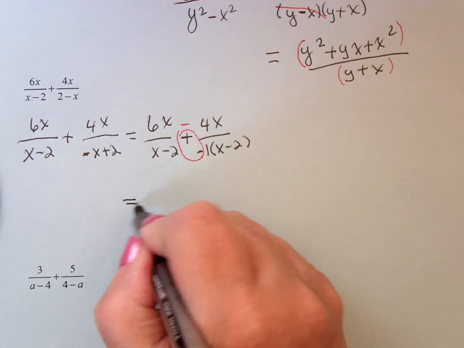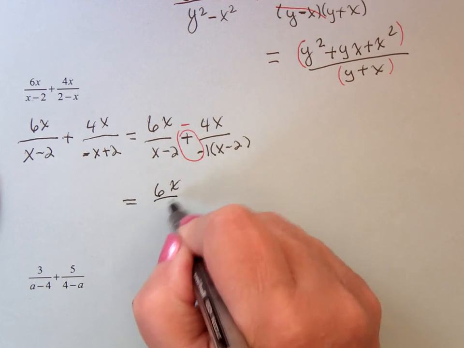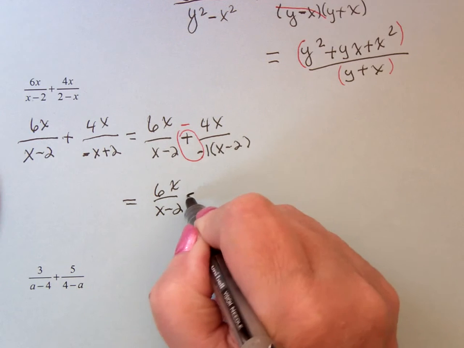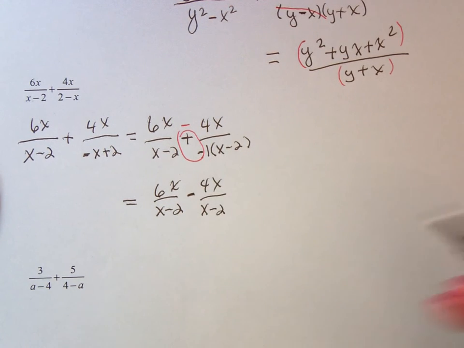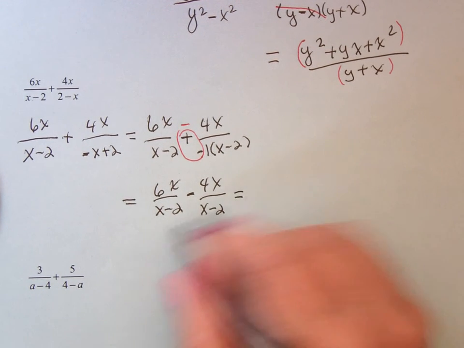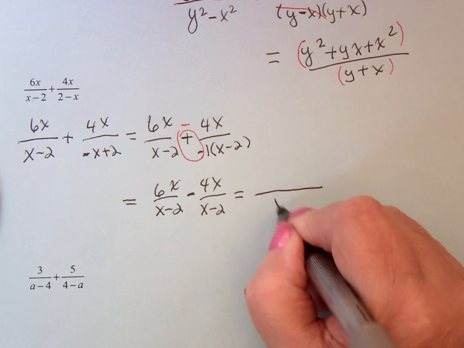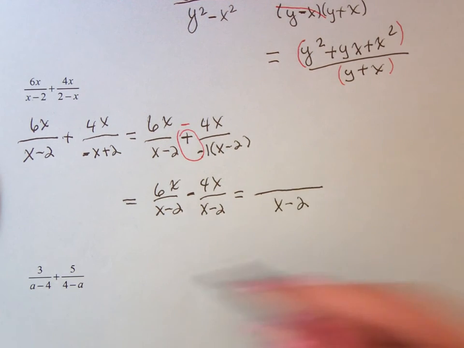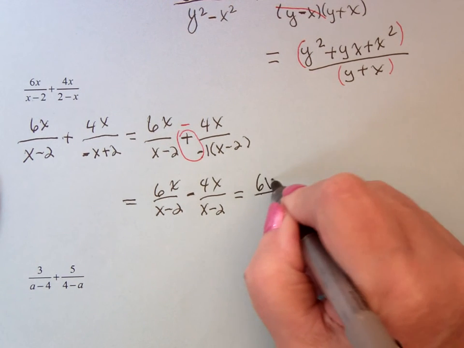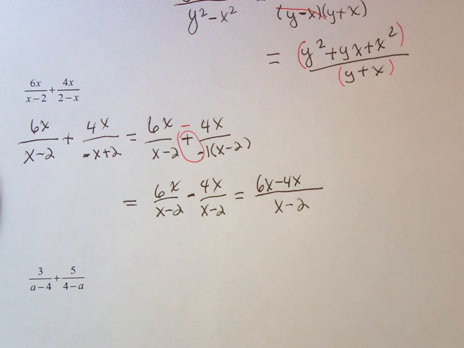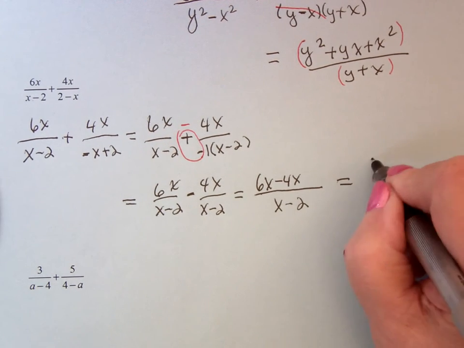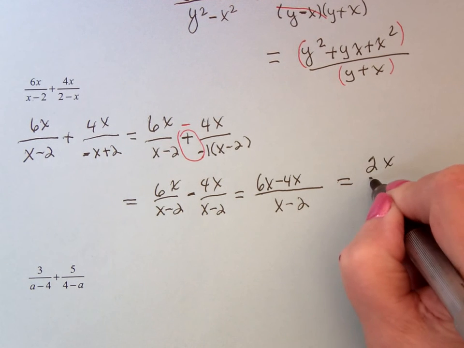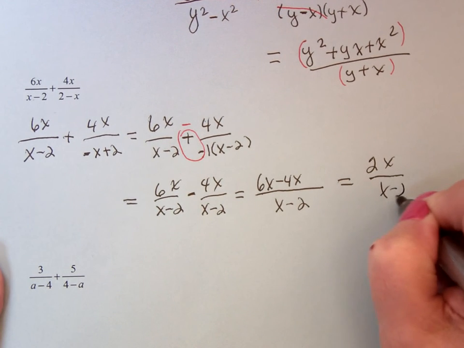So this becomes 6x over x minus 2 minus 4x over x minus 2. Now the denominators are the same, so all I need to do is subtract the numerators. So that's 6x minus 4x. So my final answer is going to be 2x over x minus 2.